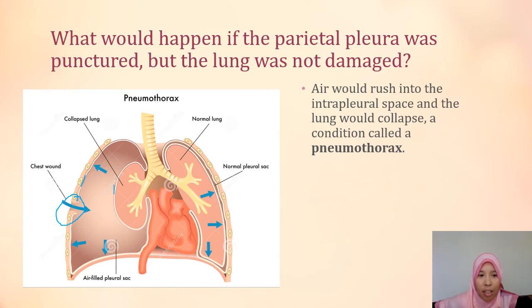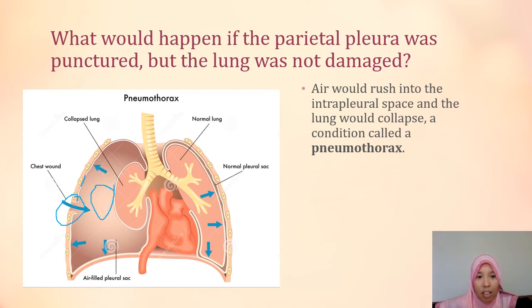Remember I've talked about the pressure inside the pleural cavity: it's always negative compared to the outside, compared to the atmospheric pressure. So when there's a puncture, the atmospheric pressure will come in until the pressure inside and outside is in equilibrium.